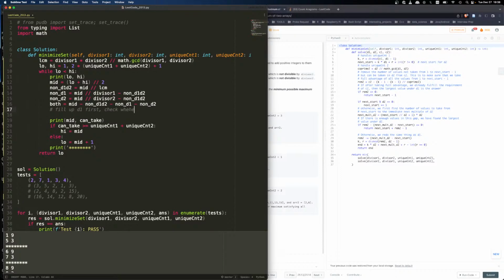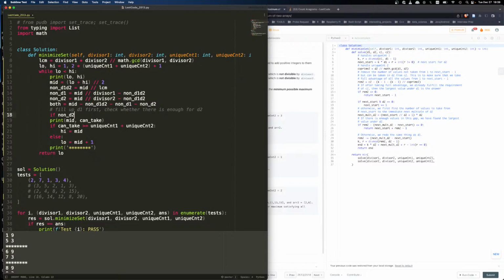Check whether there is enough for d2. So basically we'll fill up d1 using that, right? And then, because those will be none d2, right? So yeah, so we say if none d2, we'll fill up d1 first, right?